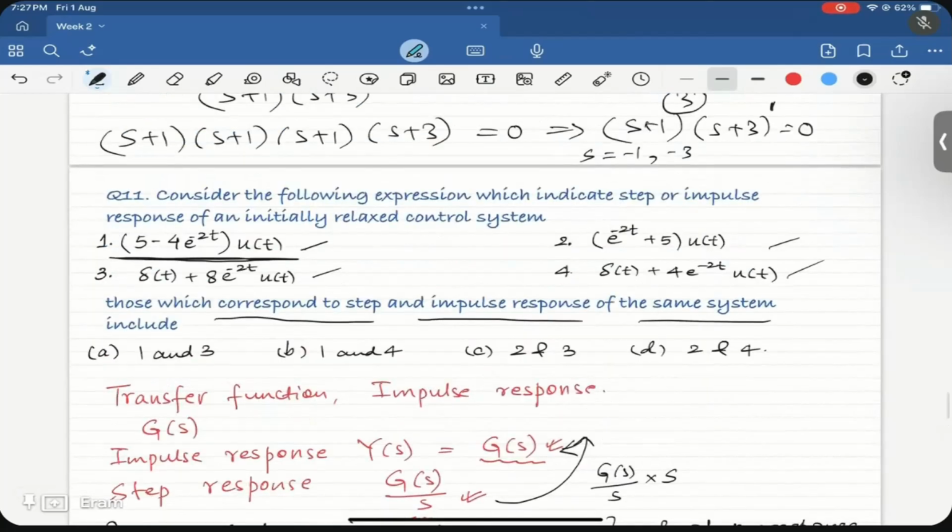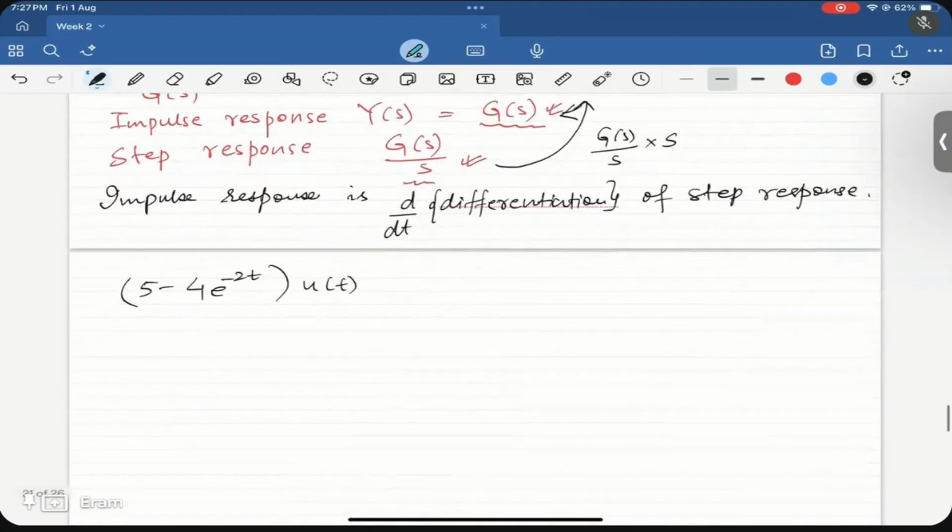We don't know what response it is. We will start by differentiating this response. If we find the d by dt of this term, we have to differentiate 5 of u(t). What will be the derivative of 5 of u(t)? It will be 5 into delta t, because the differentiation of a step is an impulse.